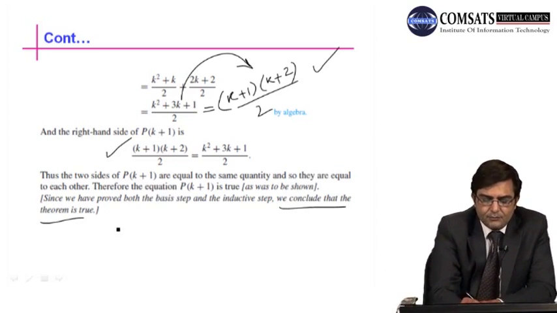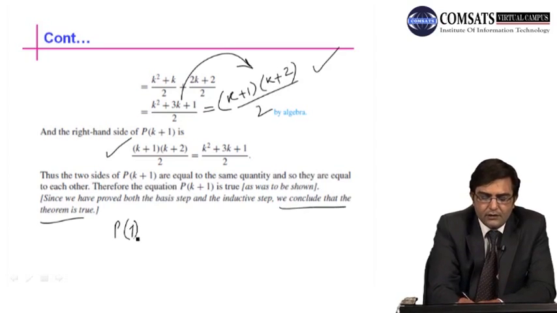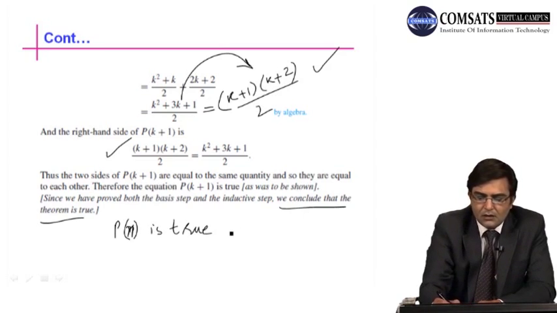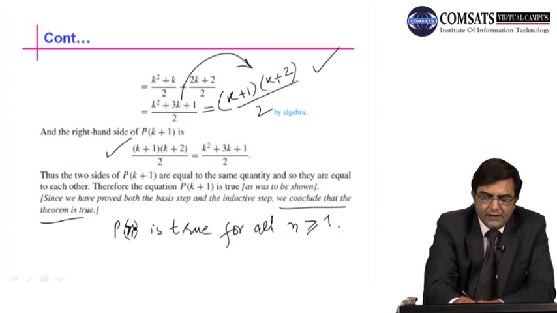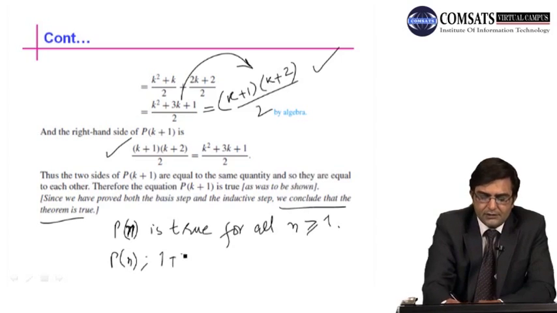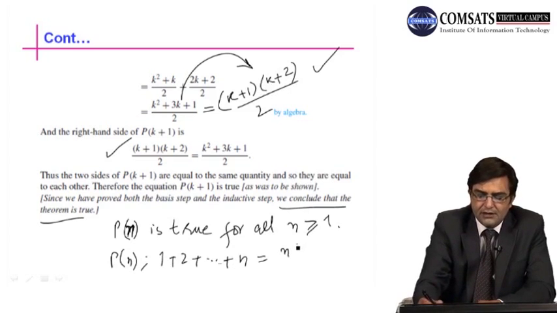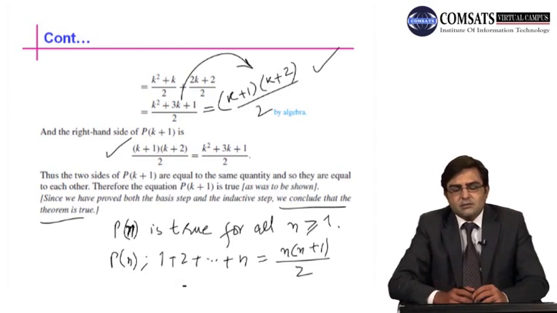We can say that P of n is true for all n greater than or equal to 1, where P of n is 1 plus 2 plus so on plus n is equal to n into n plus 1 divided by 2.